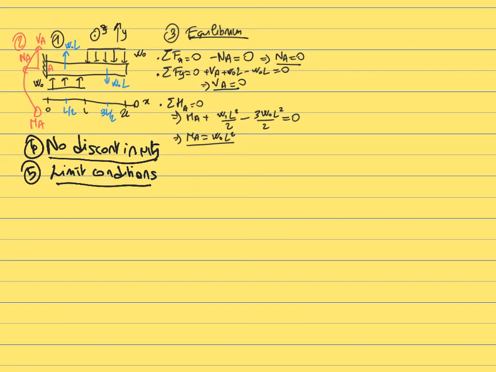As a reminder, in this class, the sign convention that we are using for the internal shear is that it's positive if it's applied on the left and going up, and it has to be going down if it's applied on the right. So this is the positive convention for the internal shear.